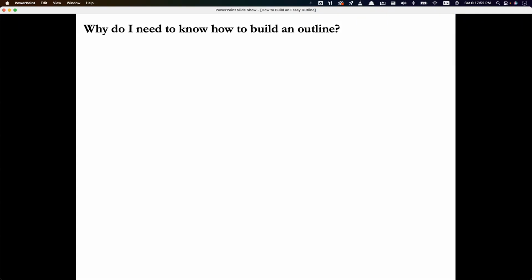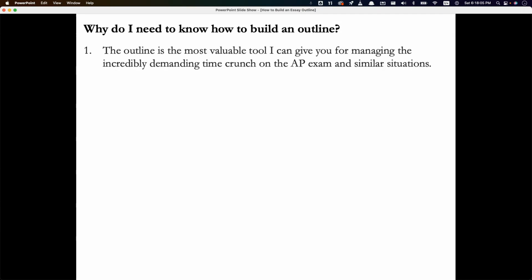All right, so why do you need to know how to build an outline? There are a number of reasons why I think it's important for you to know how to do this. Number one, it is the most valuable tool I can give you for managing the time constraints on the AP exam.